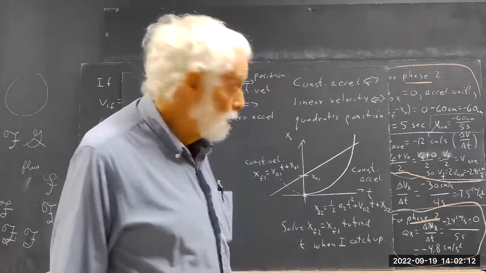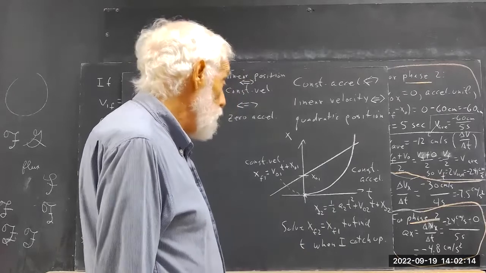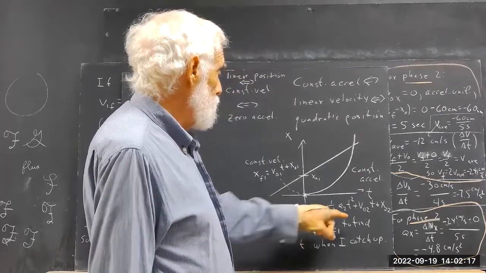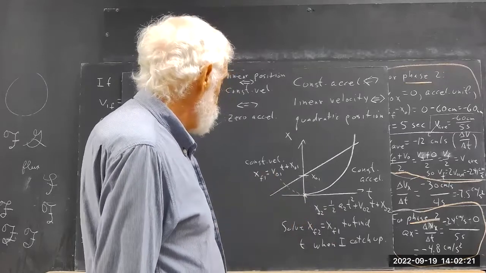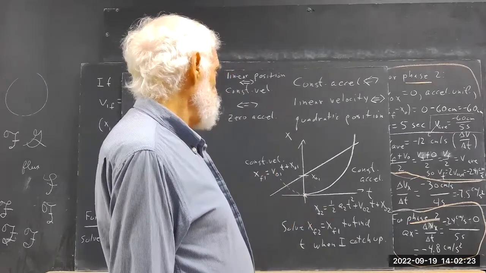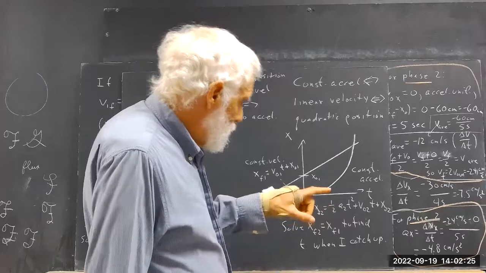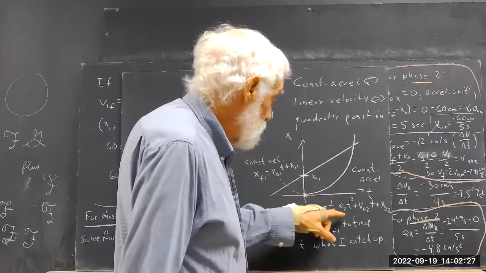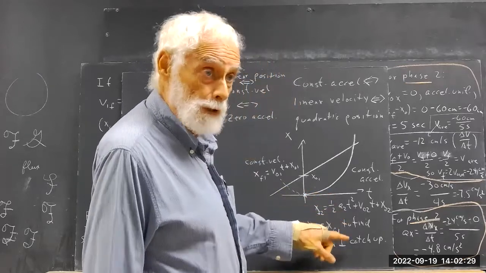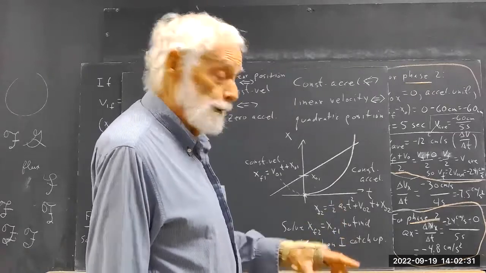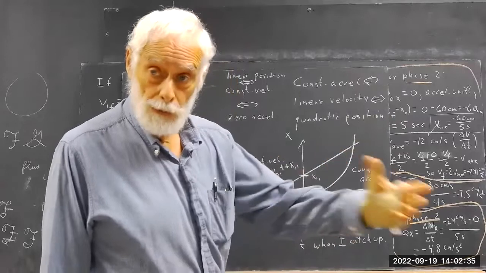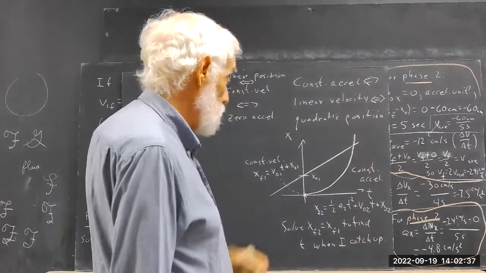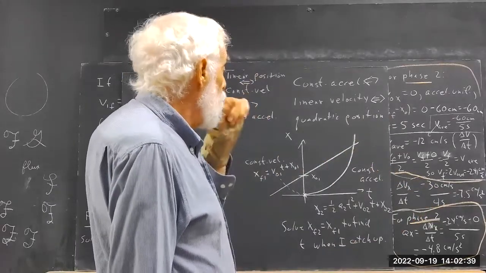Once I know the t when I catch up, I can plug that t in here and verify that my positions are equal. I can take the derivative of this function and get my velocity function and plug t in, so I can find out how fast I'm going when I pass him. Of course, I can also use one of my equations of uniform motion to do that.